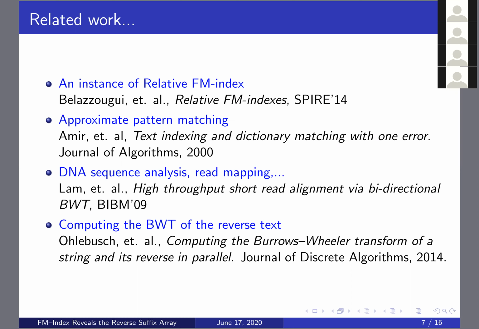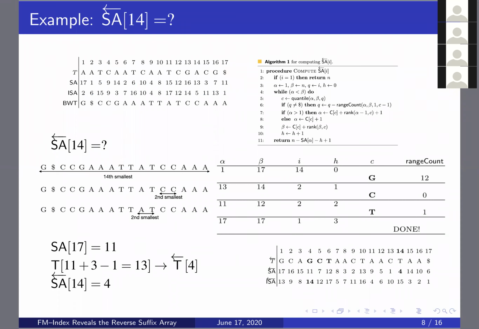So what else can be done? Computing the Burrows-Wheeler transform of the reverse text, as previously mentioned, in parallel is an issue. So we can also speed up this parallel Burrows-Wheeler transform computation, particularly for the reverse text. Okay, so much talk, so let us focus on how we do it.